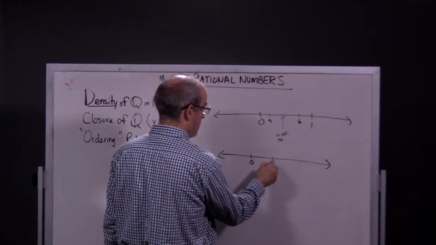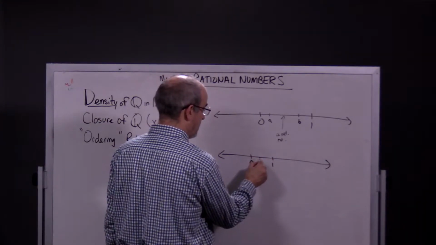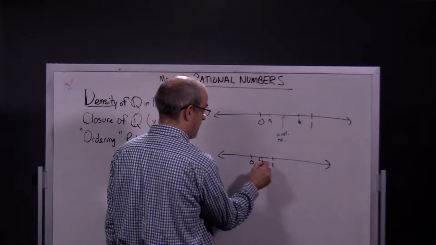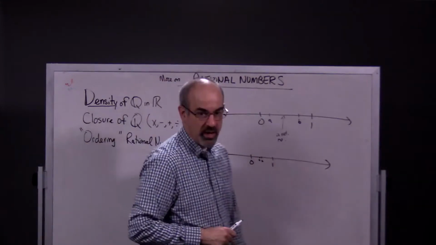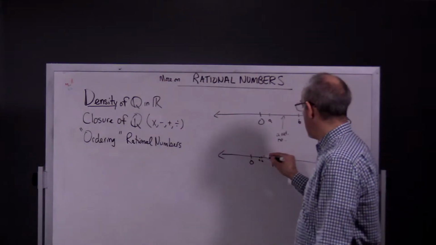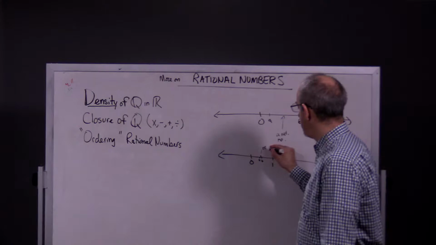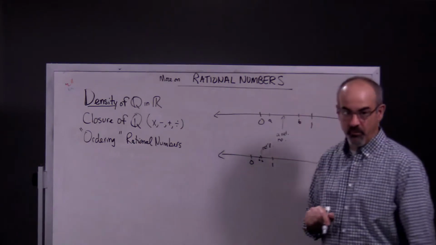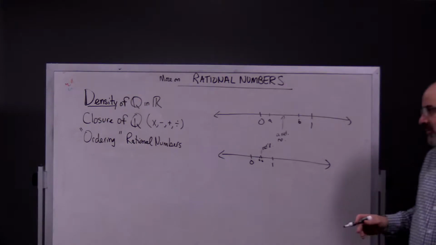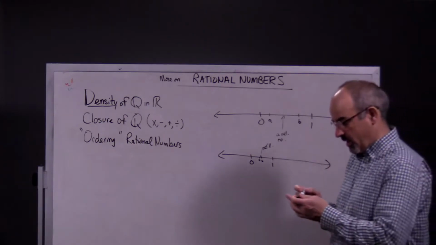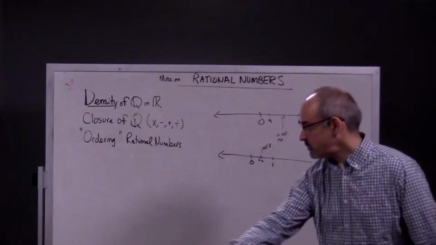I'm going to draw them close together. Let's say there's a real number there and a real number there. So these 2 real numbers are really close to each other. There will be a rational number in between them.